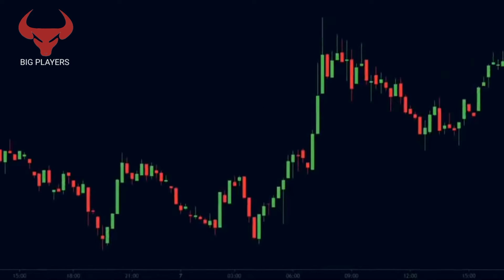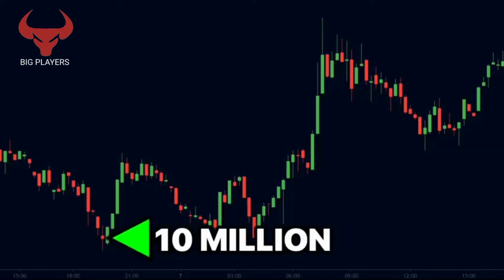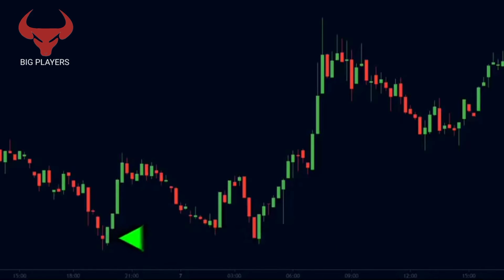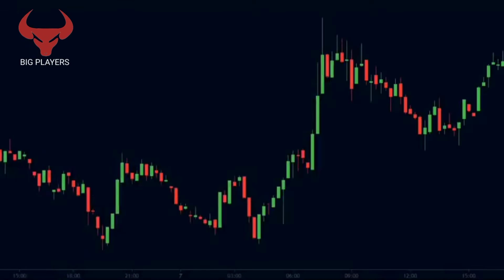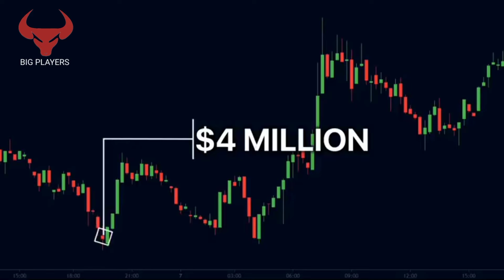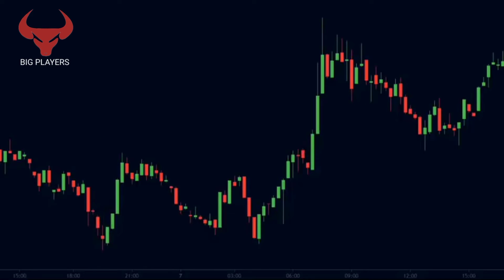Look at this image. Let us say that a certain hedge fund wants to buy 10 million worth of shares at this price. So, they divide their position into three parts. They buy 4 million worth of shares here. That pushes the price upwards. But soon enough, the price comes back near their entry.